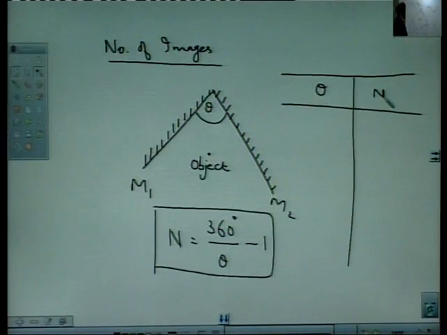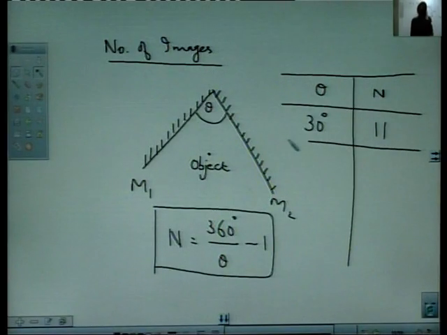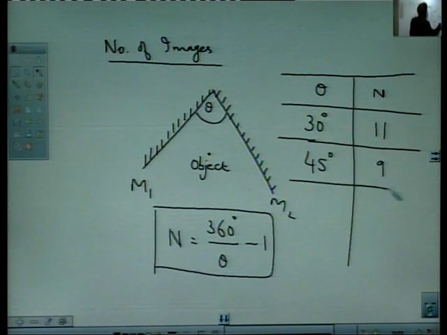for different angles. Suppose the angle is 30 degree, images will be 11. You can calculate by using this formula. If we have angle 45 degree, then this will be 7. If we have 60 degree, this will be 6 minus 1, 5.